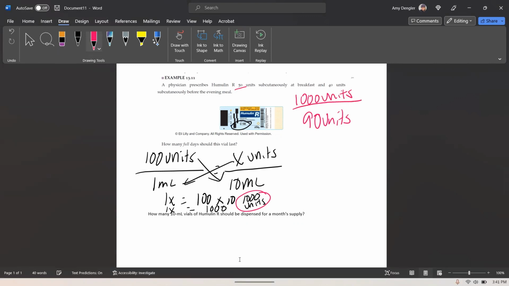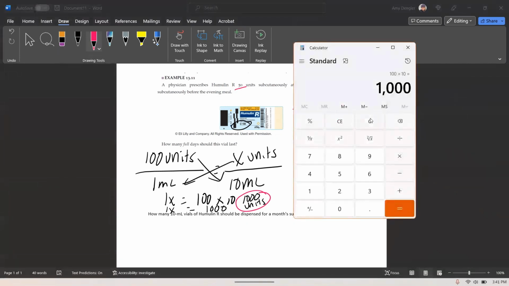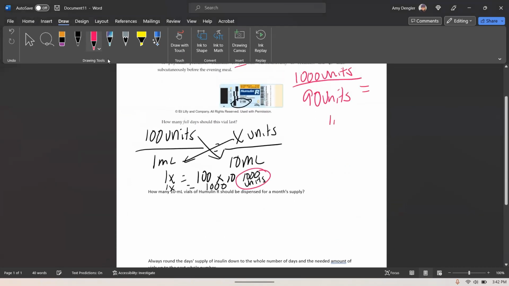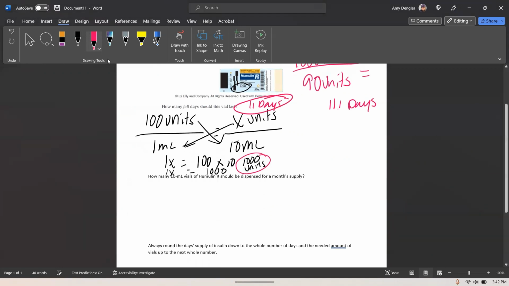So we want to divide 1,000 divided by 90, or sorry, divided by 9. Yes, so 11.11. So last 11.11 days, but we want to go full day, so it's just going to be 11 days.